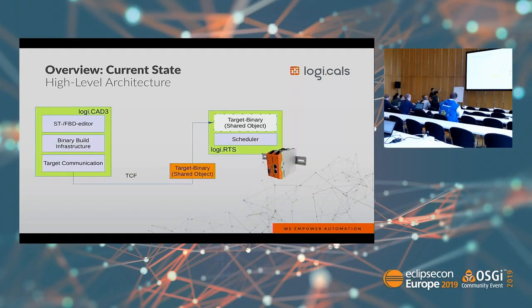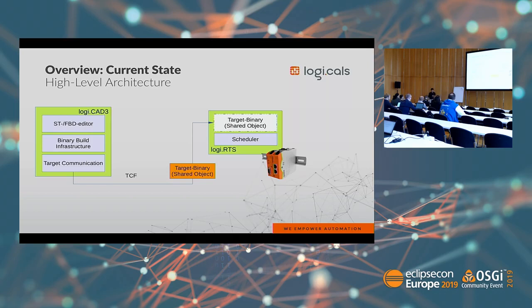Between the ST and FBD editor and the binary build infrastructure, the program that the user created is transformed into portable C code, and in the binary build infrastructure, this portable C code is then compiled and linked for the target platform. As a result, the target communication part of Logical 3 then transfers the resulting binary using the target communication framework, which is yet another Eclipse project, to the runtime system.